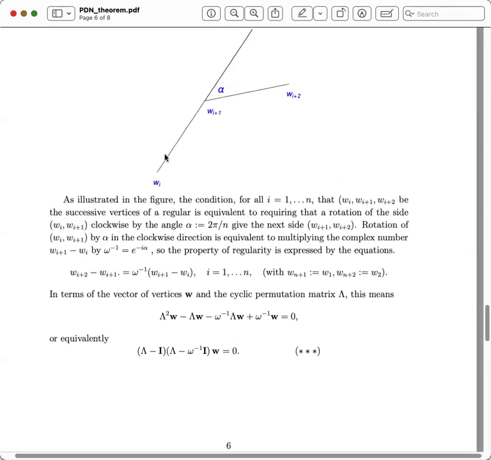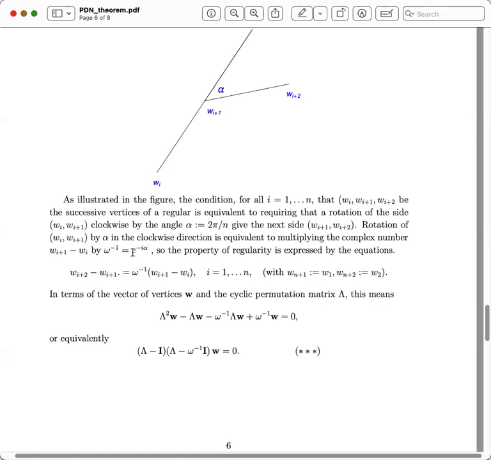Well, the vector wi to wi plus 1 is represented by the complex number which is the difference between the two, w i plus 1 minus wi. So rotating it in the clockwise direction by angle alpha is the same thing as multiplying it by omega inverse, because omega is e to the i alpha, and that will give a counterclockwise rotation.